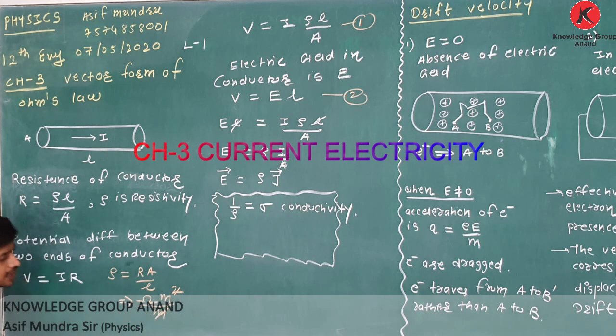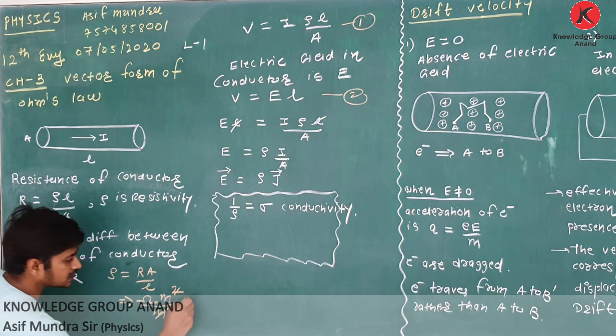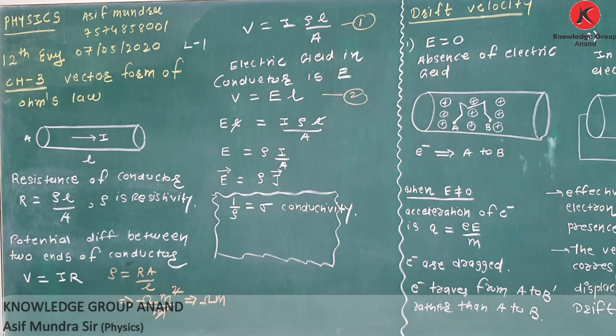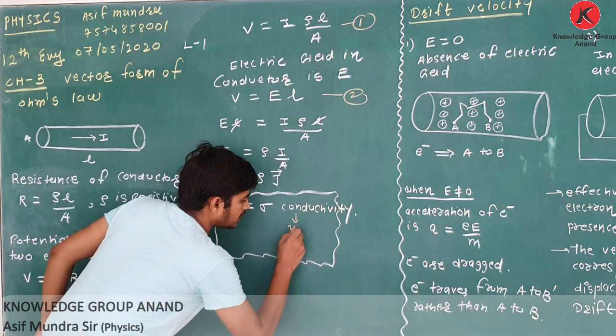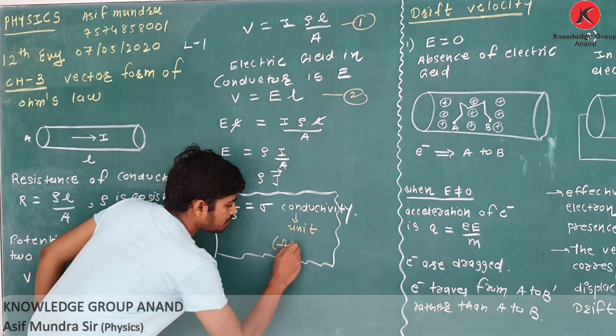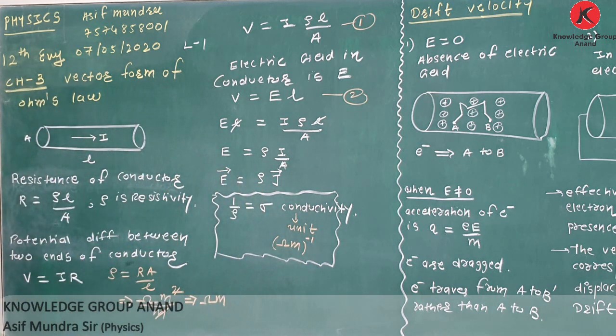So meter cancels. Then the unit of resistivity is ohm meter. Then what is the unit of conductivity? It is ohm meter inverse.